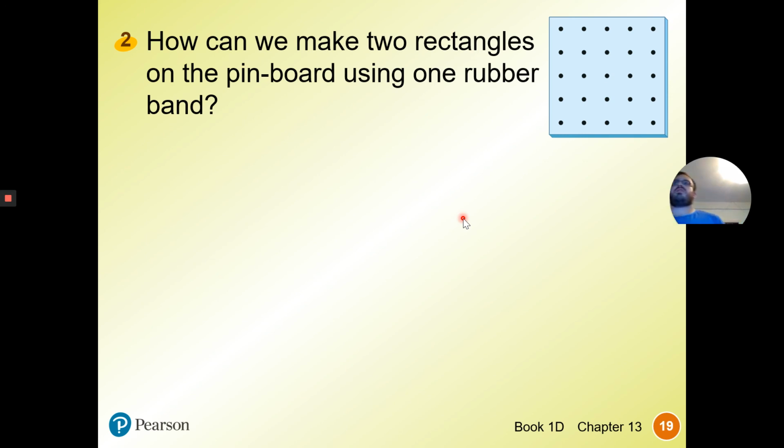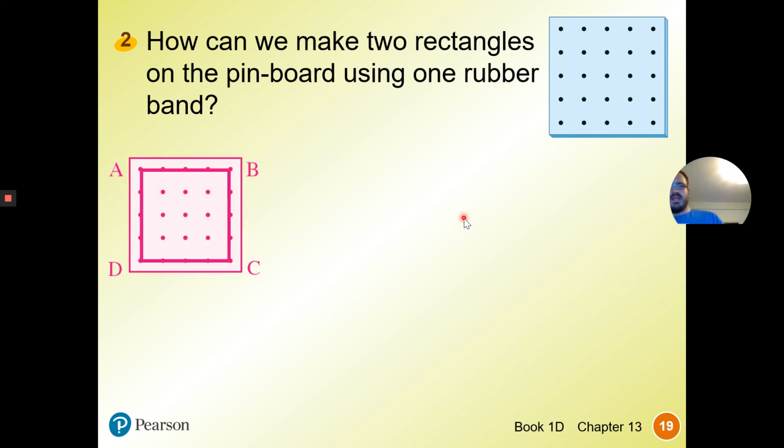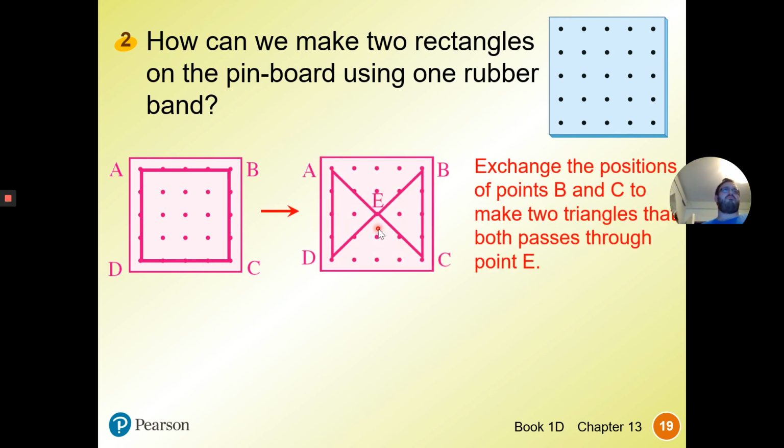How can we make 2 rectangles on the pin board using 1 rubber band? Okay, so we've got 1 rubber band making a square, A, B, C, and D. I exchange the positions of points B and C, so I swap them over to make 2 triangles.